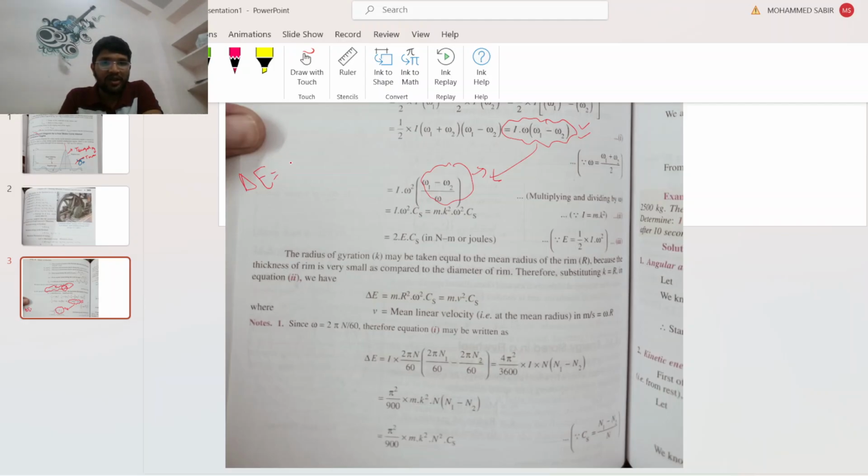Here I is m k square, and omega is the mean angular speed of the crankshaft.